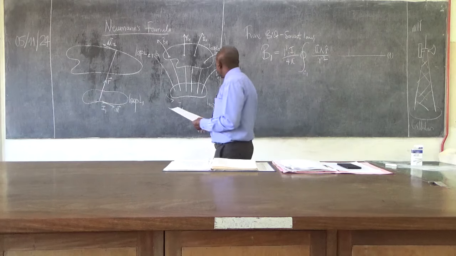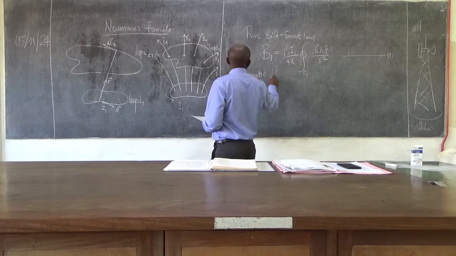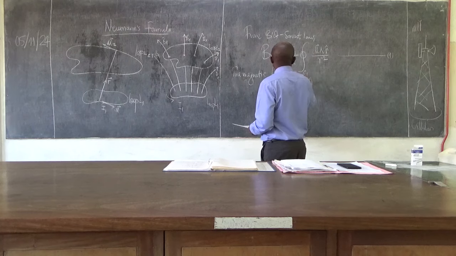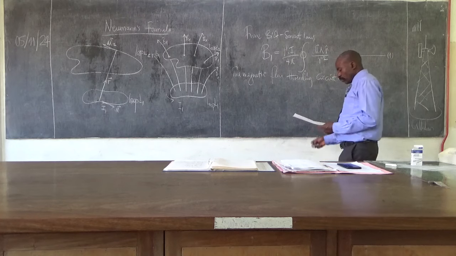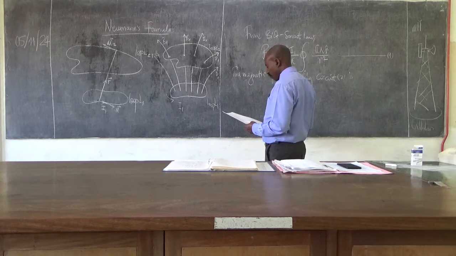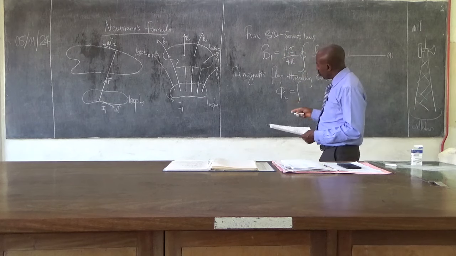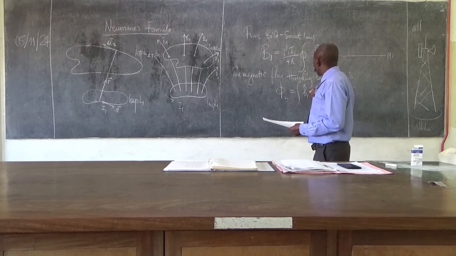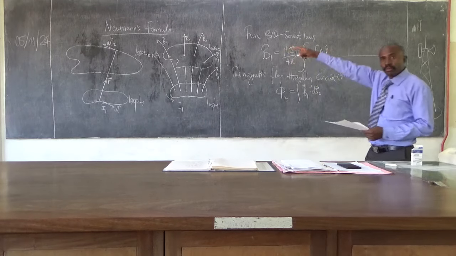So the magnetic flux threading circuit 2 is phi in circuit 2, which will be the integral of the felt magnetic flux density, which is B1, dotted with the surface area, which will be the surface area of circuit 2.